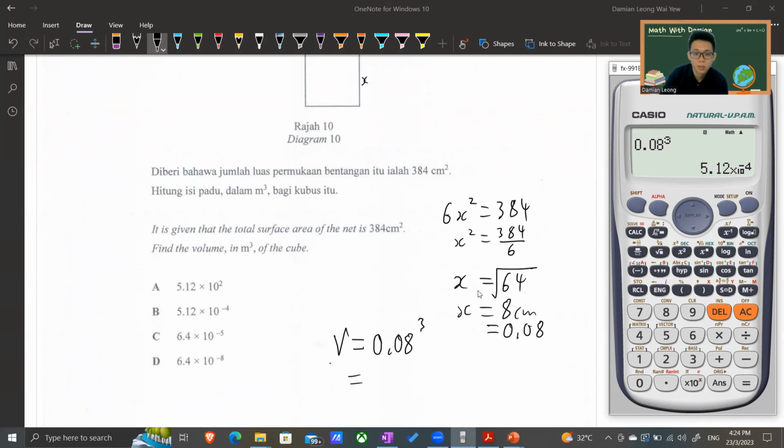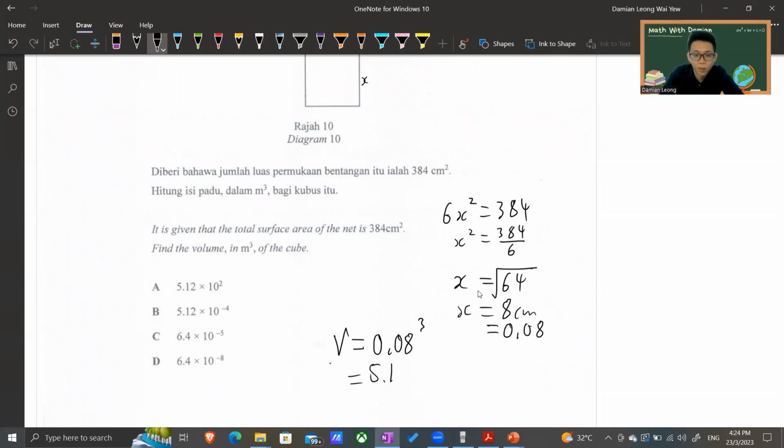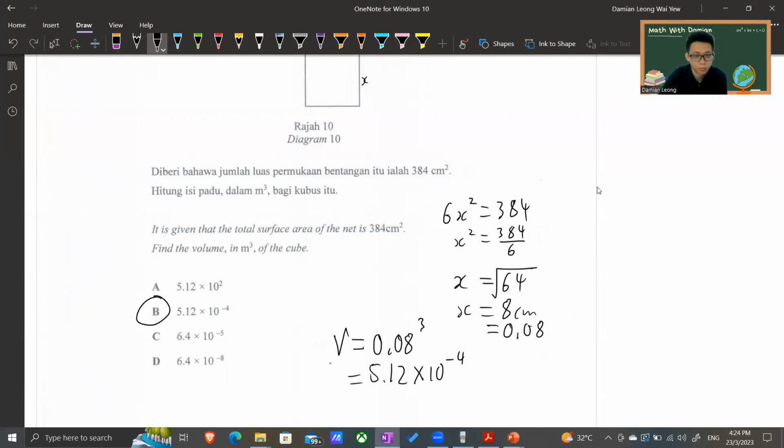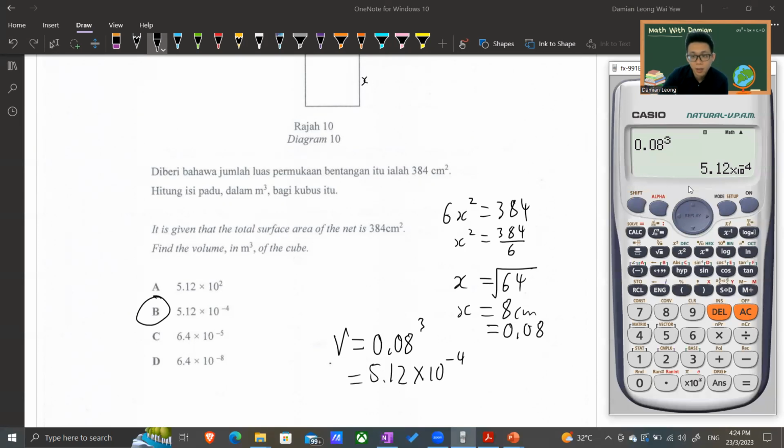And straight away you see it is 5.12 times 10 to the power -4. It already changes to standard form for you. Yeah, this is basically in standard form. So if it doesn't show in standard form straight, you can change to scientific notation mode using calculator, or you can shift it yourself. Okay, that's up to you.